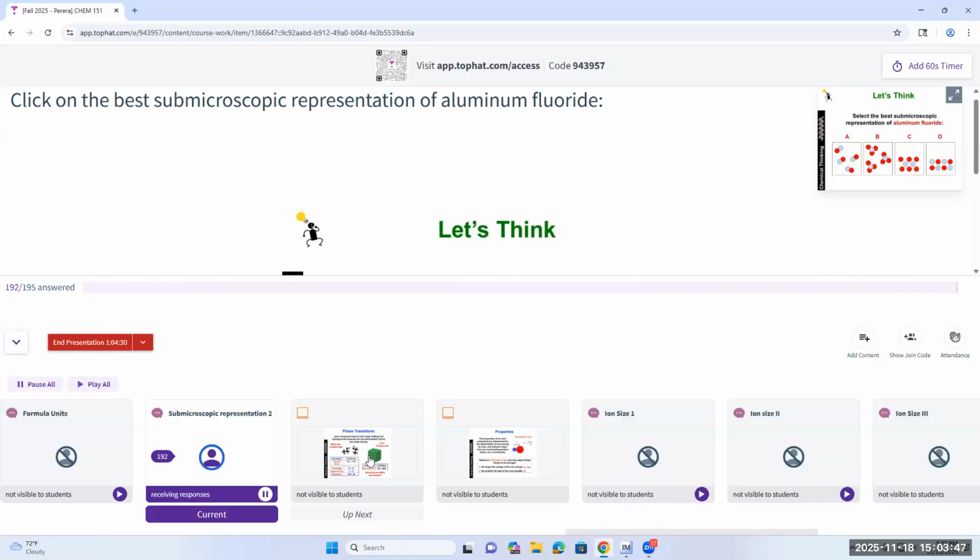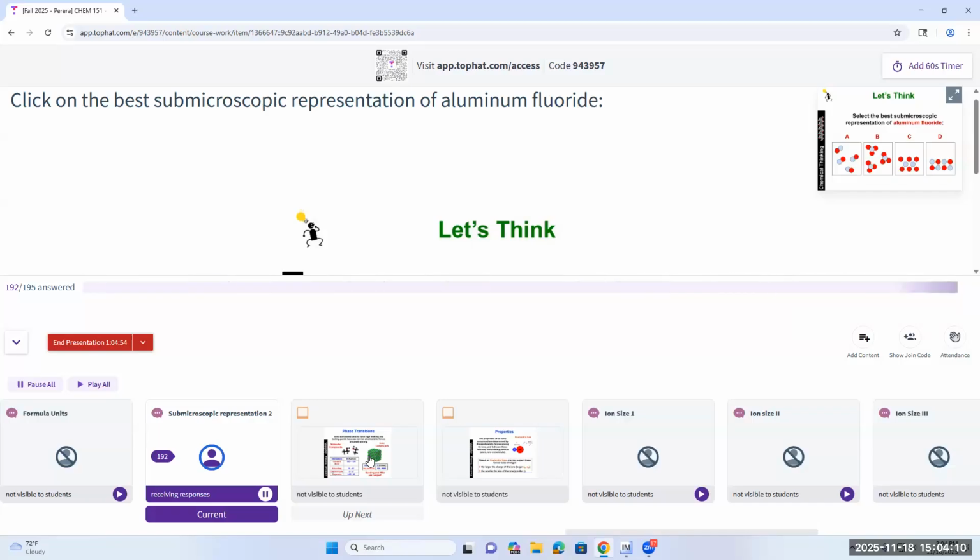IMFs, intermolecular forces. Okay. Now, when it comes to ionic compounds, we have a problem. We don't have molecules. Therefore, we don't have IMFs. So, what can we use to determine the properties of ionic compounds then, like melting points? Any idea?